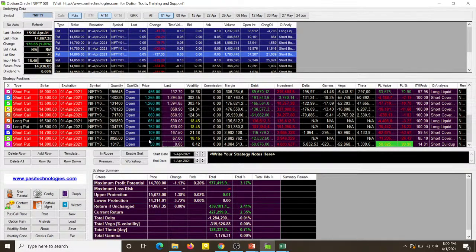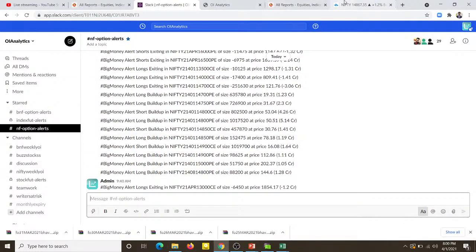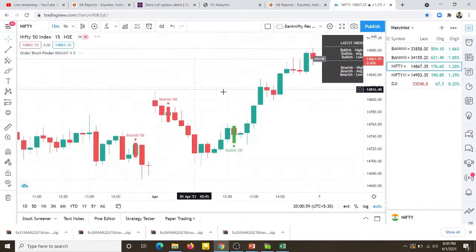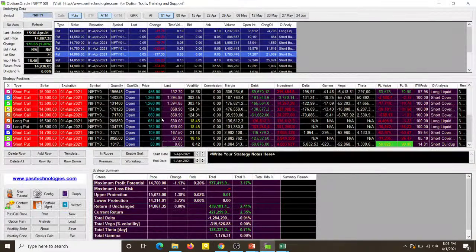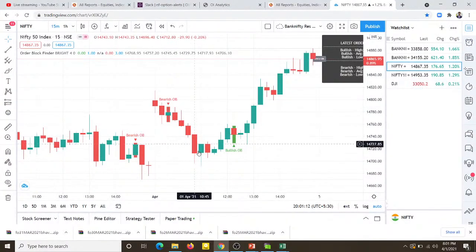So if you see this, just after I added this, the 14,500 point came to 14,700 just by adding these two positions, correct? And this is at 9:30 a.m. So if you see from 9:30 a.m., I'll just take a 15-minute chart now. So this is where we have decided that the market is poised to go till 14,700 based on this position setup, right? And if you see, the market went there, to 14,700, 14,690.